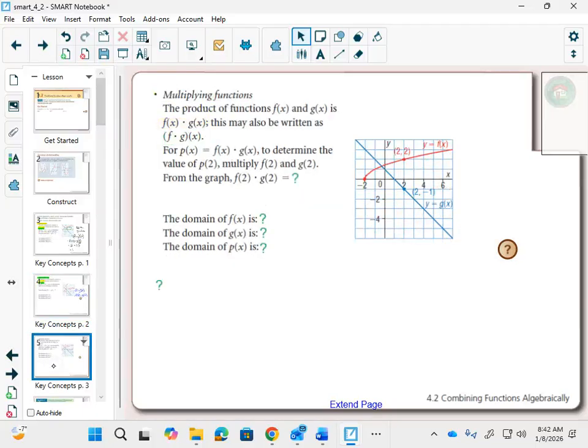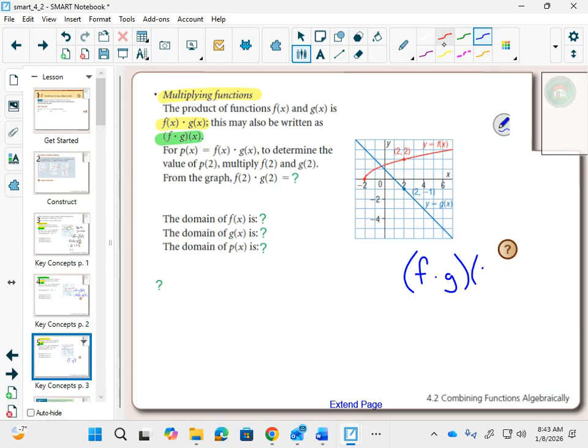And multiplying. Now multiplying, here's the nice notation. It actually has a bunch of not nice notations. You could have f dot g, I guess, of 2. You could have f times g of 2.